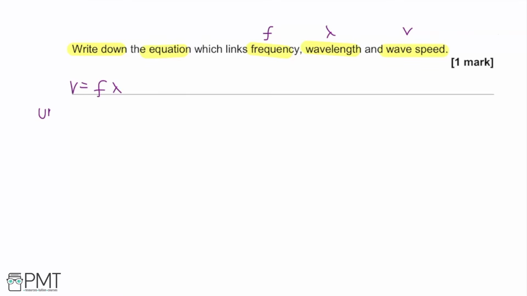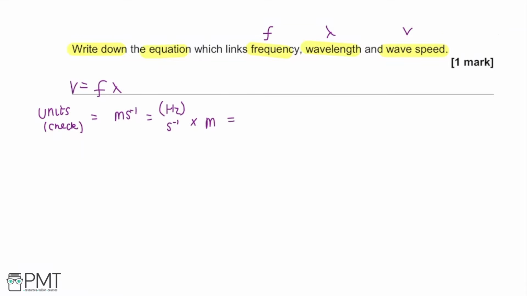Now I can just check this using the units, just check that they work out correctly in this sense. So velocity is measured in meters per second, and that should be equal to the units for frequency, which are hertz, which equates to a unit of per second, multiplied by the unit for wavelength, which is always going to be meters.